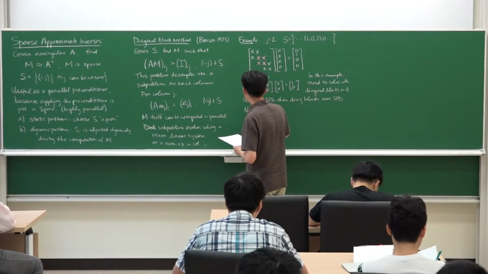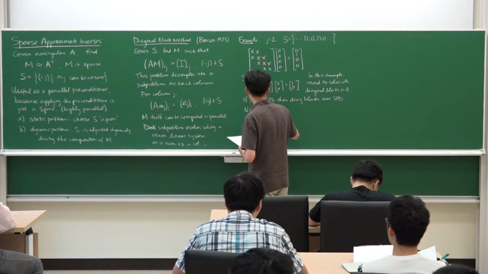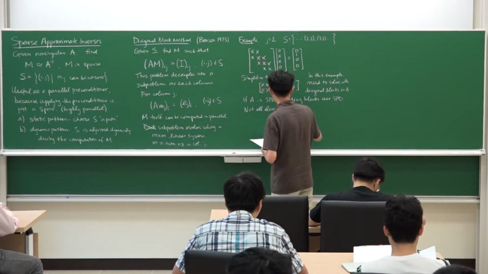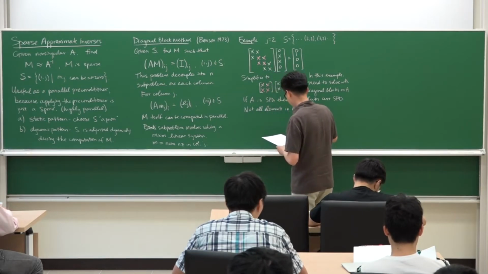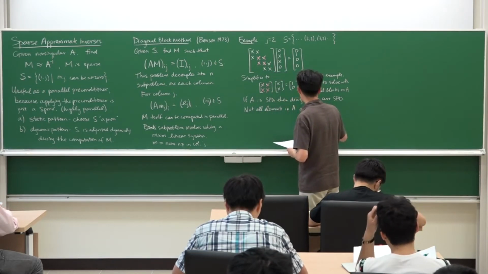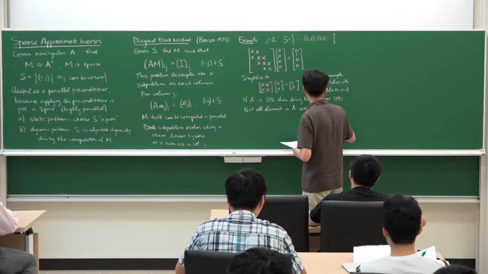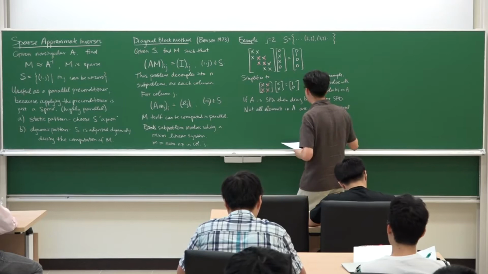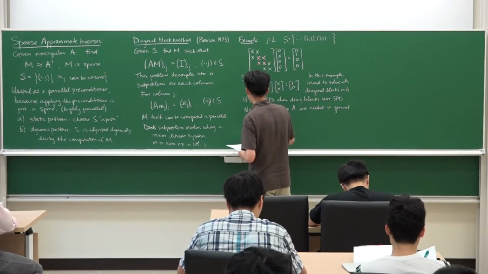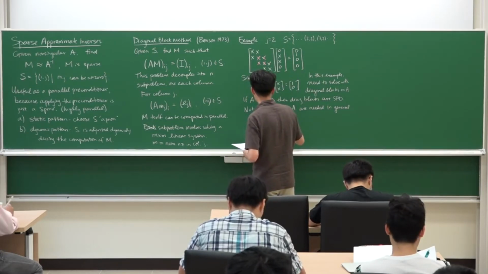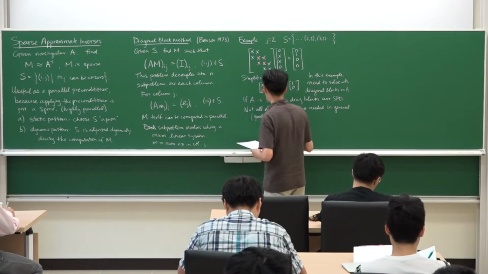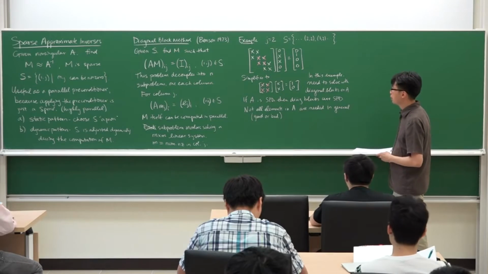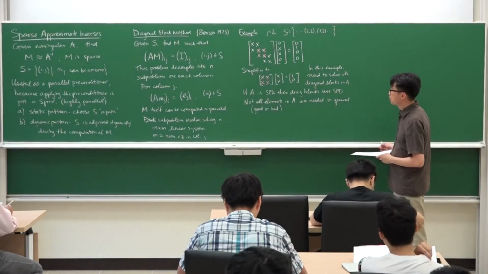So not all non-zeros in A are needed to compute M in general. And this could be, as I said, good or bad. So some questions about this method.